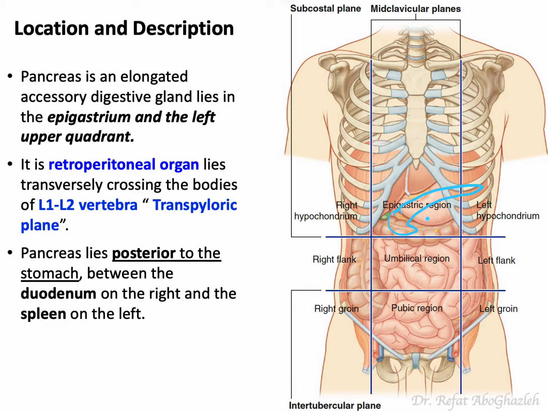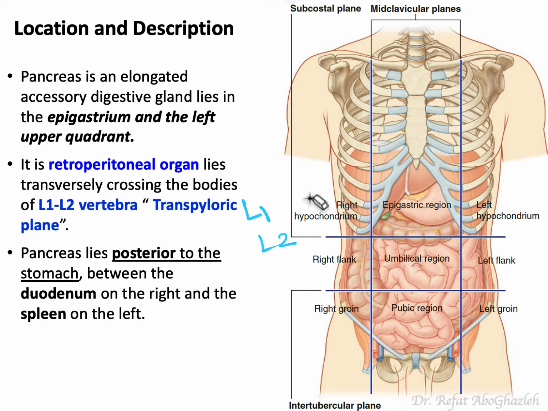So this is the location of the pancreas. Well, guys, you cannot see the pancreas because it's located behind the stomach, but look at the shadow of the stomach here, and this is the pyloric plane that passes through the pylorus of the stomach, which is at the level of L1. So I would say the pancreas is located at the pyloric plane, L1 plus L2, behind or posterior to the stomach.